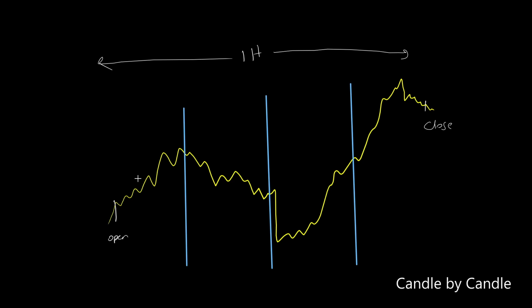So we have 15 minutes here, 15 minutes here, 15 minutes here, as well as here. So here it's 0, 15, 30, 45, and 60. Now each 15 minutes can be represented by another candle, right?